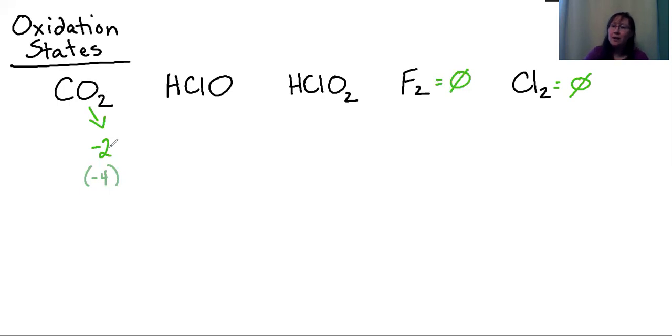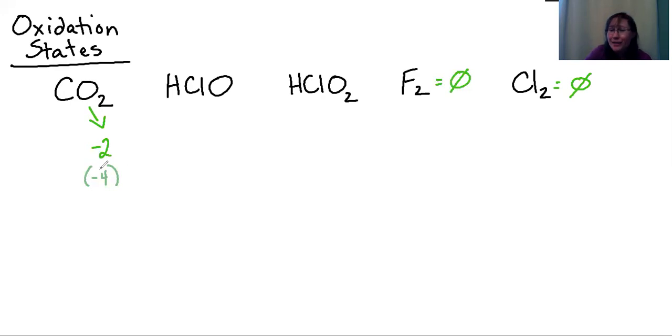You have to list oxidation states as only existing on one atom. It cannot be on both of them together because we look at transfer of electrons per atom, not per quantity of elements. It's for each individual atom. So you have to list oxidation states like this.